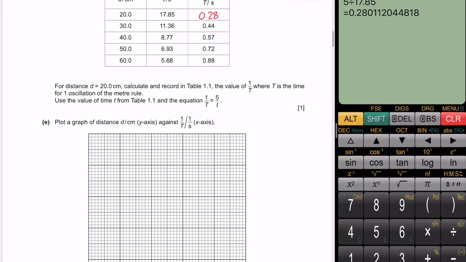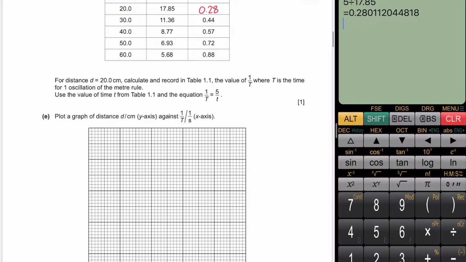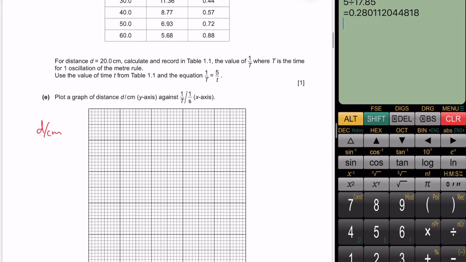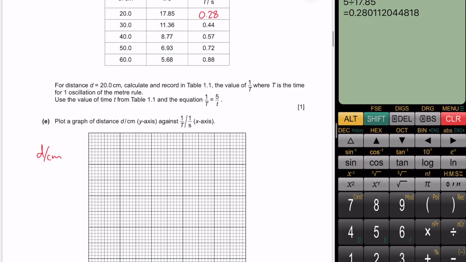Plot a graph of distance d against 1 over t. So remember, the first thing that you have to do is label the axis. So this is on y-axis d slash centimeter, and on x-axis 1 over t slash 1 over seconds. So this is what you have to write. It always carries one mark. Then we have to select a scale. So we need to look at the values.